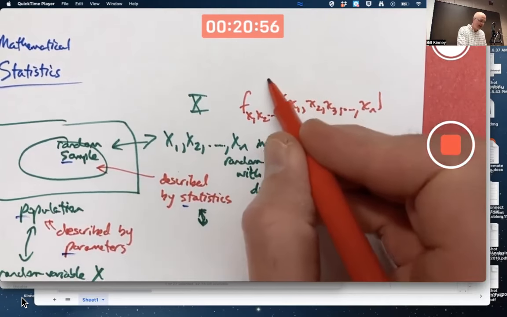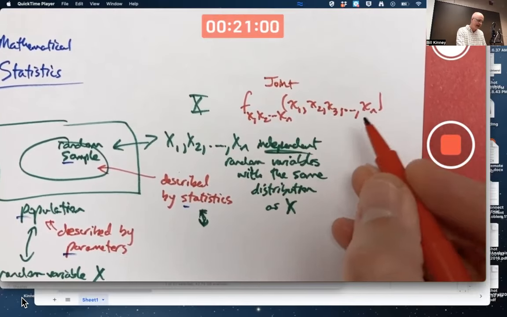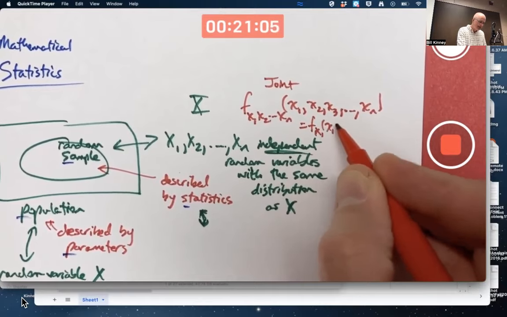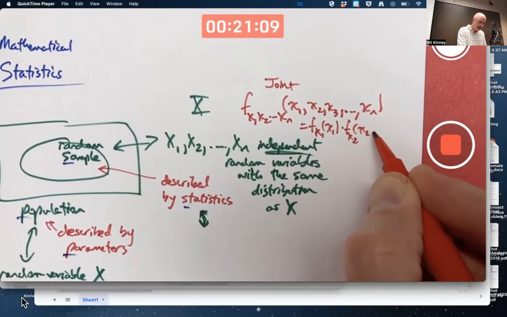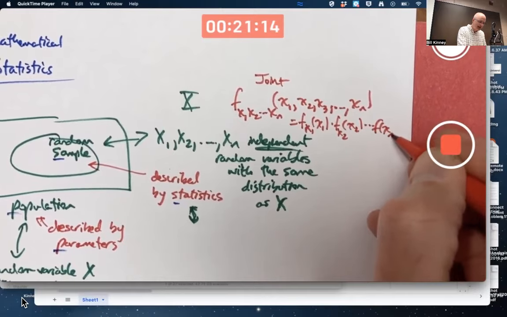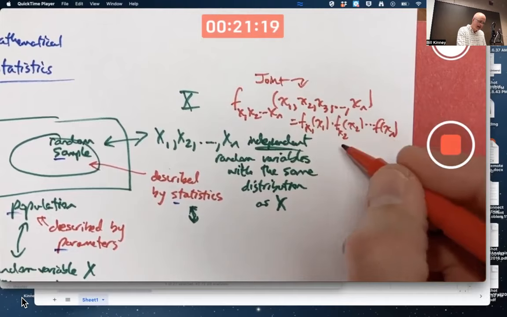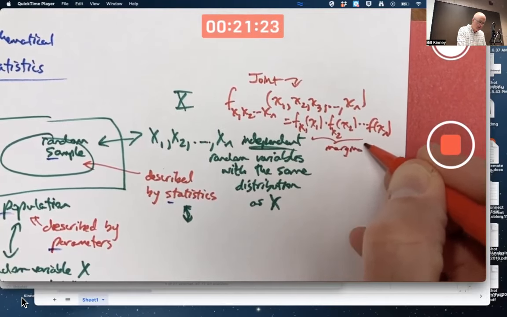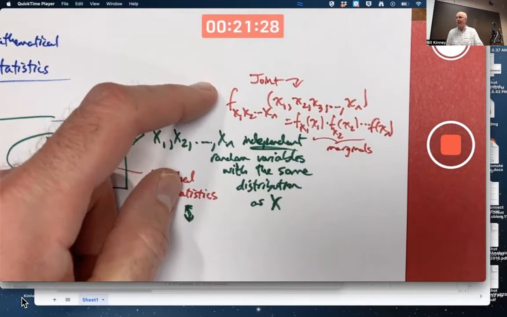The joint PDF in the continuous case, or joint PMF in the discrete case, is the product of the marginal PDFs or PMFs. That's what technically independence means. That's the joint, and these are the marginals. Or if you knew what the marginals were ahead of time, you define the joint to be this product.